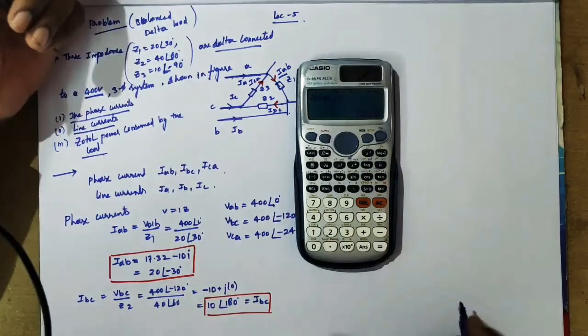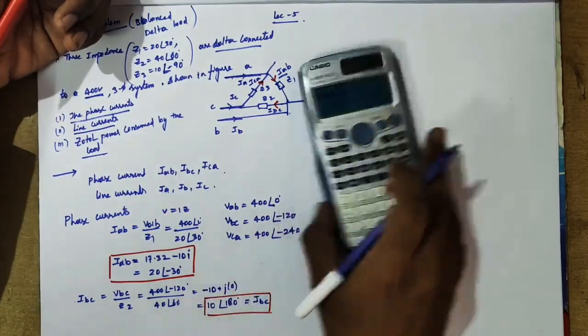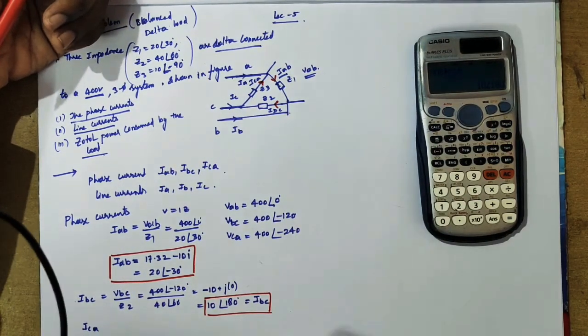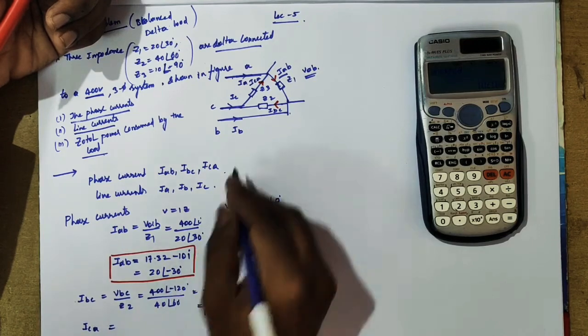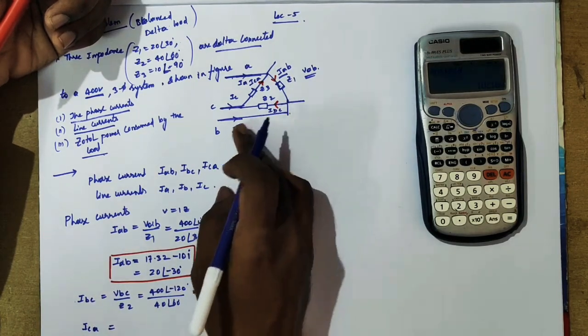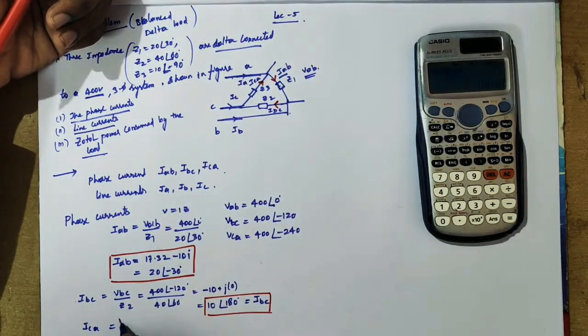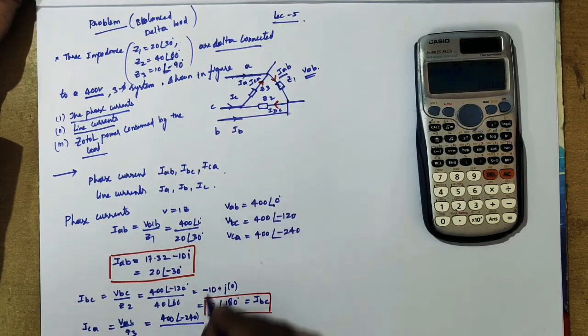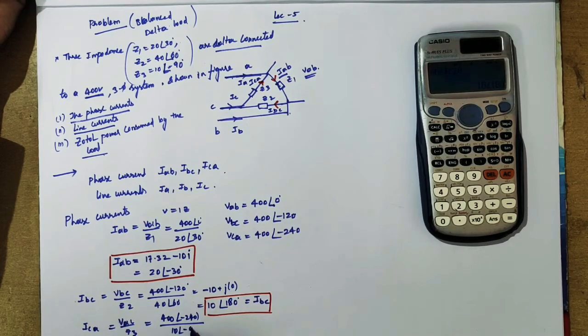Now what about phase current ICA? ICA is the voltage across, VCA, by Z3. VCA is 400 at an angle of minus 240 degrees, and Z3 is 10 at an angle of 90 degrees.